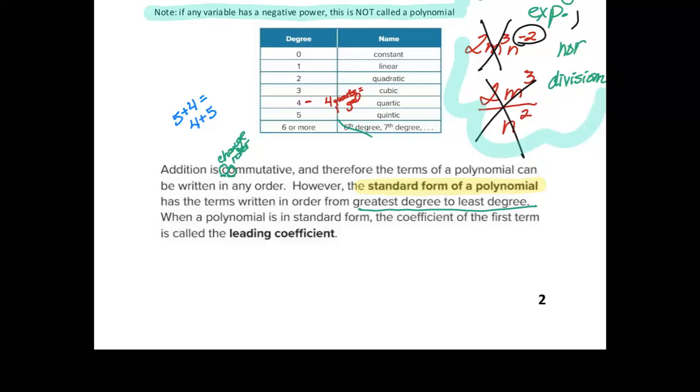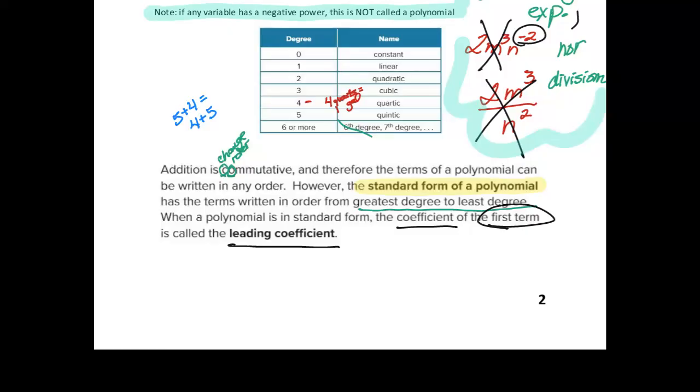And then finally, when that polynomial is in standard form, the coefficient of the first term is called the leading coefficient. That makes sense. If you have a big, long polynomial of 4 terms, the leading coefficient is the very first term's coefficient, its number. That's called the leading coefficient.